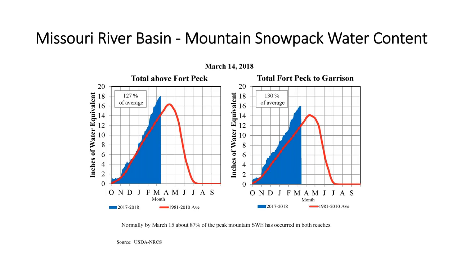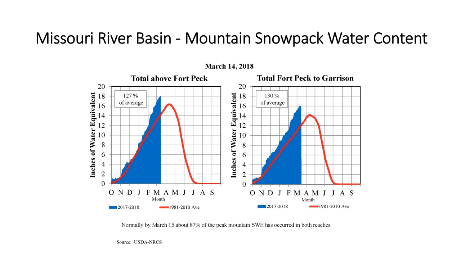The figures that I've shown here in this slide include time series plots of the average mountain snow water equivalent beginning on October 1st of 2007 and through the period to yesterday, so the current water year.